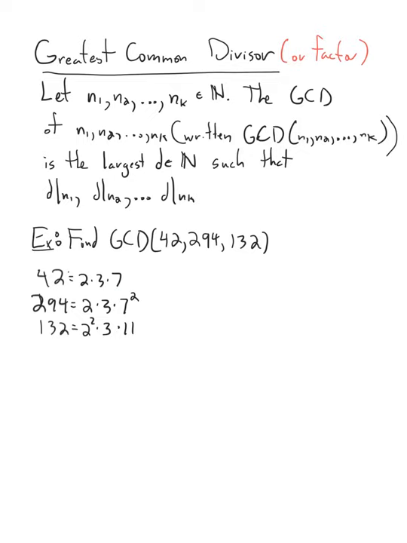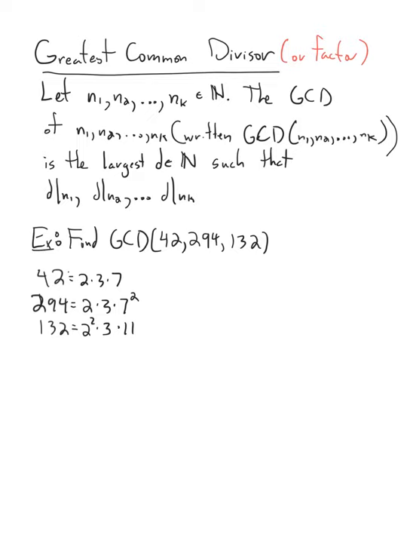7's, well, here we have one 7, here we have two 7's, but 132 has no 7's in its prime factorization, so there's no way that the common factor or common divisor can have a 7 in it. And same with 11. Neither of these numbers have an 11, so there's no way an 11 can be part of the greatest common divisor.